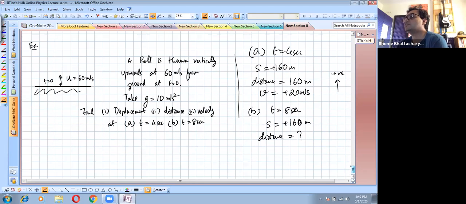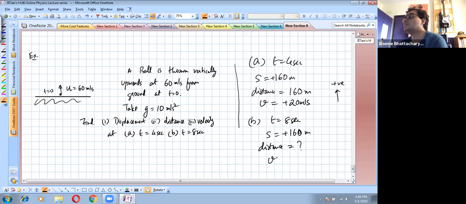So I'll tell you how much it is in just a moment. And the velocity, if you check with the formula, you'll see it will be exactly minus 20 meters per second, which means it has that symmetry. It's now on its way down. Okay. So the only thing I haven't given you yet is this distance, which I'll calculate and tell you. Okay, Aparna, understood. Okay.